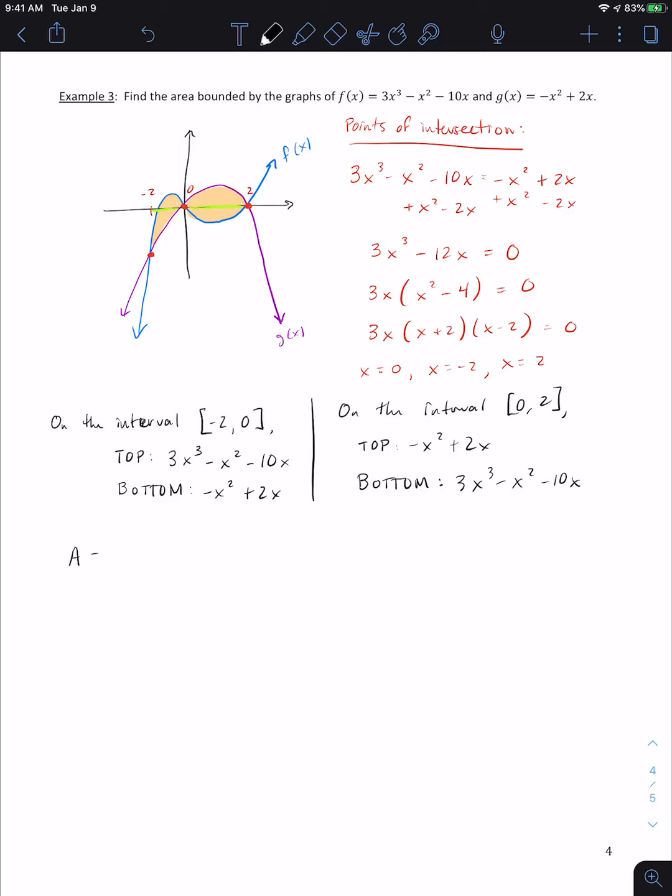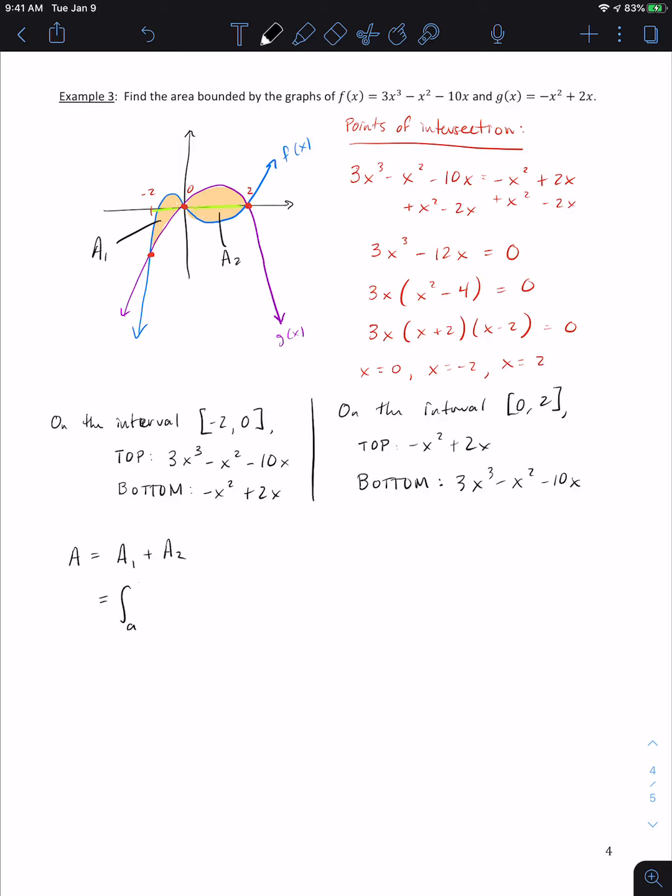So again, to find this area, I'm going to do the integral of the top minus bottom for the first piece, and then I want to add that other piece of area. This is like A1, a first piece of area, and this is like A2, a second piece of area. So my total area is going to be those two areas added up.